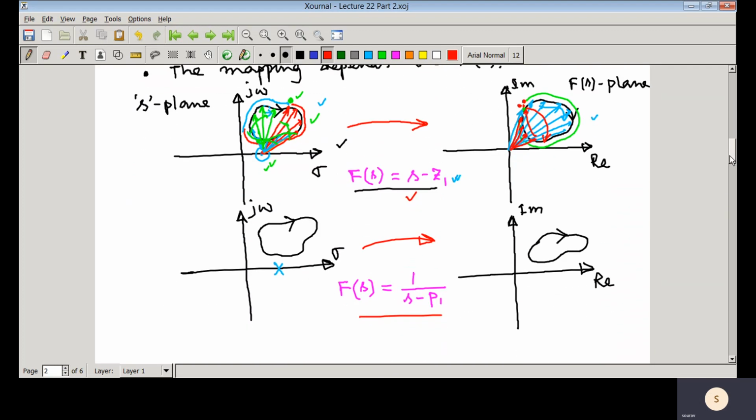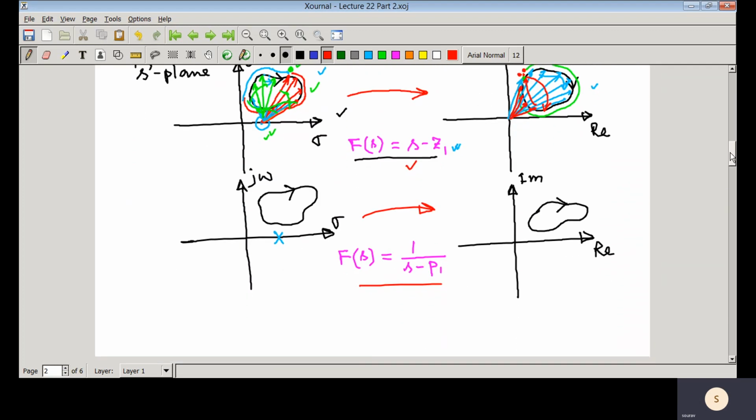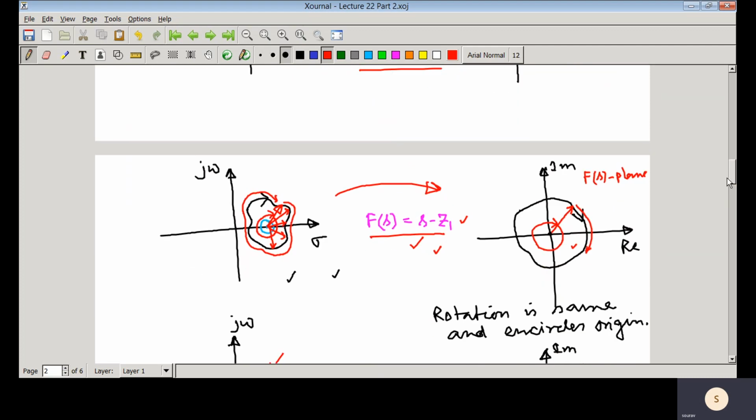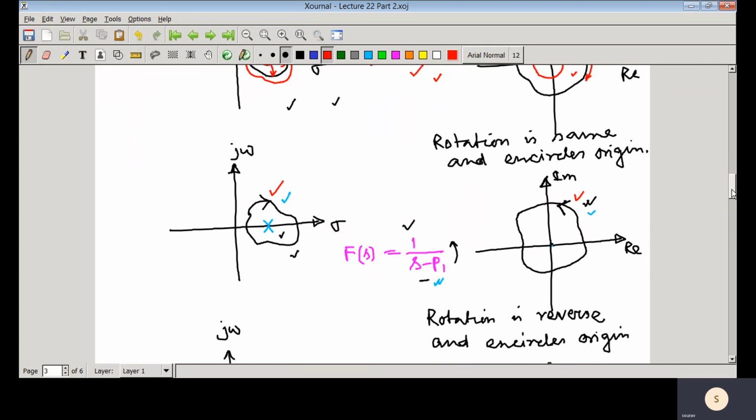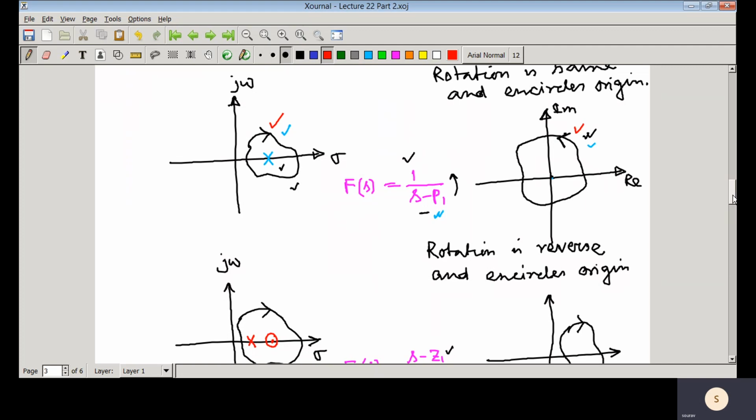We have seen that whenever the contour encloses a zero, the rotation remains the same when it encircles the origin in the Fs plane, and when it encloses a pole, it encircles the origin but the rotation is reversed.